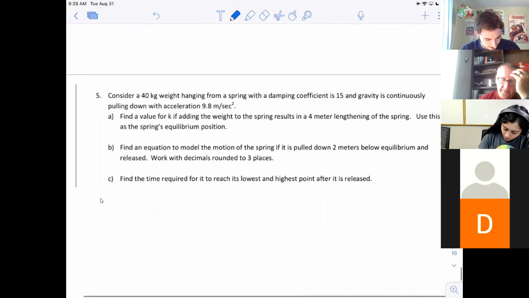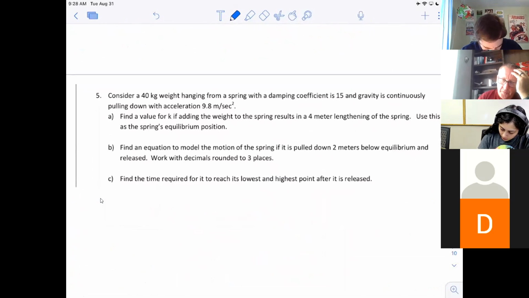So I won't reiterate what I said before, since we saw that the equation, the last part that remained was k times y equals m times g. And we knew that it lengthened 4 meters. So that means y is 4.